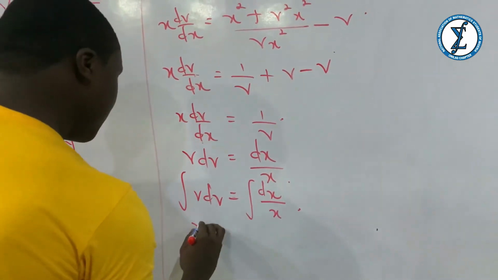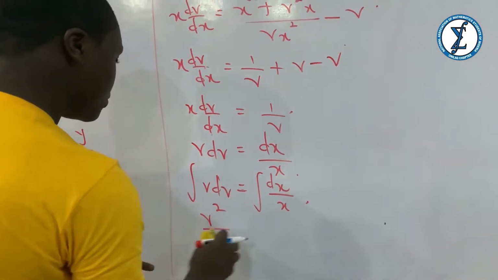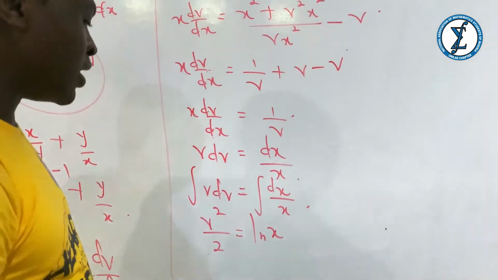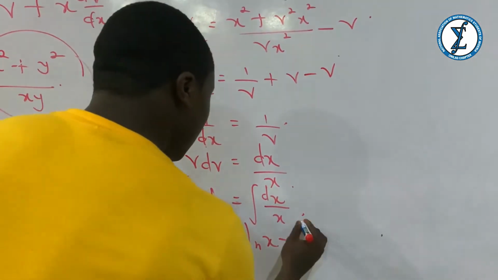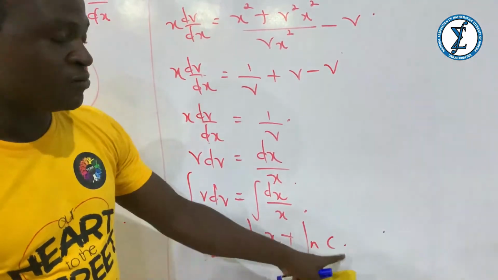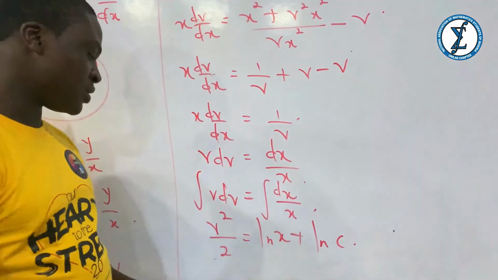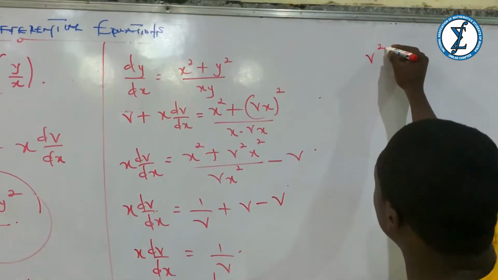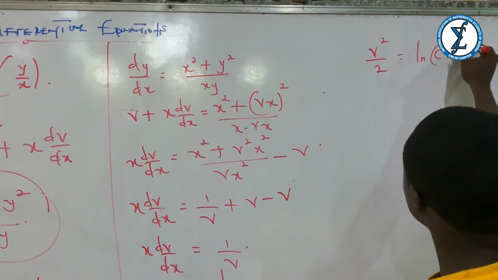This gives us v squared over 2 equal to ln x. Now I need a constant of integration, plus, let's say, ln c. Now why am I using ln c? Because the log of a constant gives me a constant, so I can easily combine the two and have ln cx. So v squared over 2 equal to ln cx.